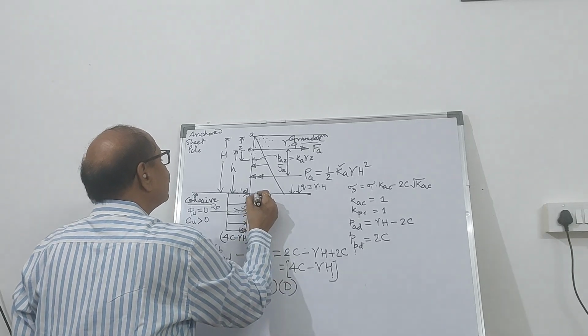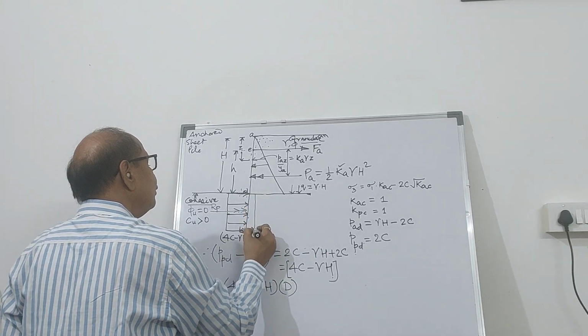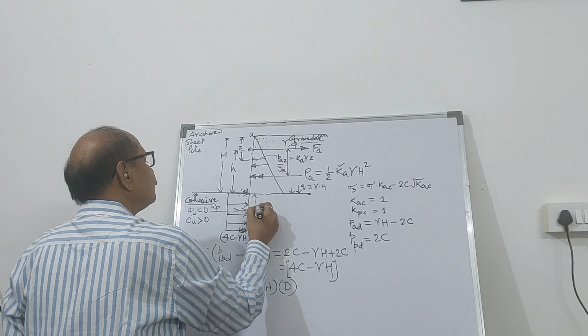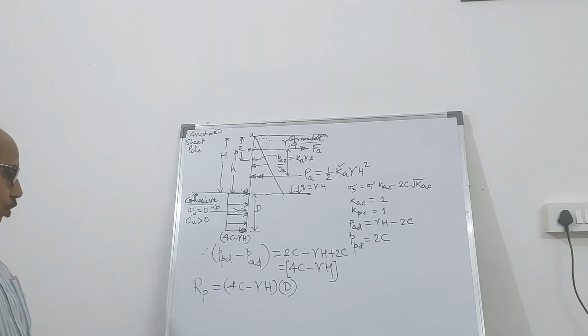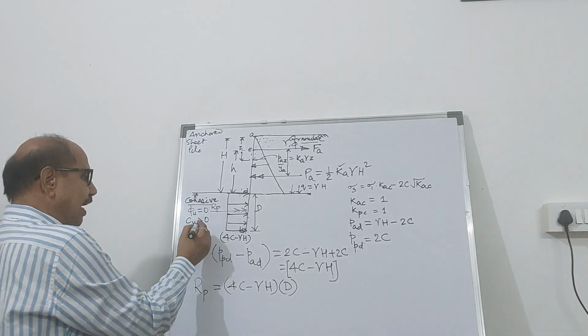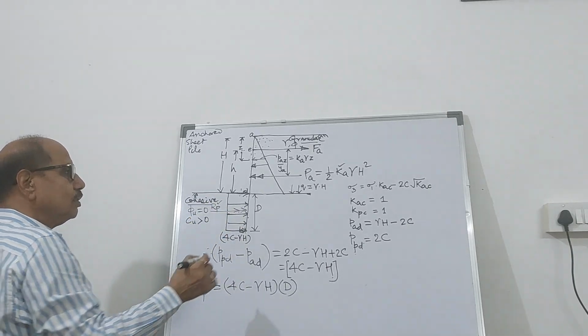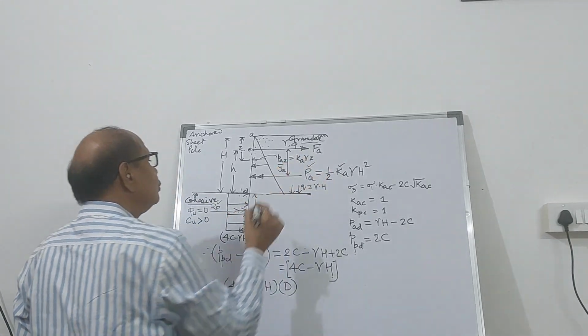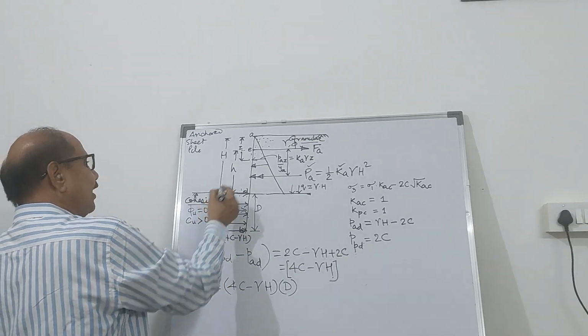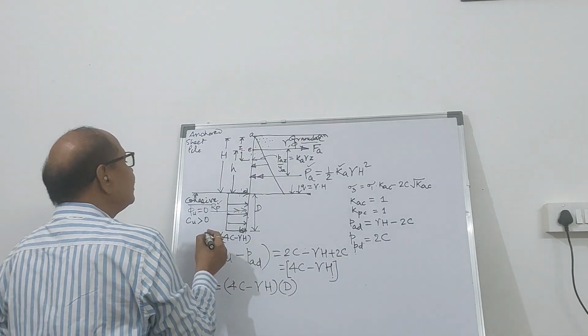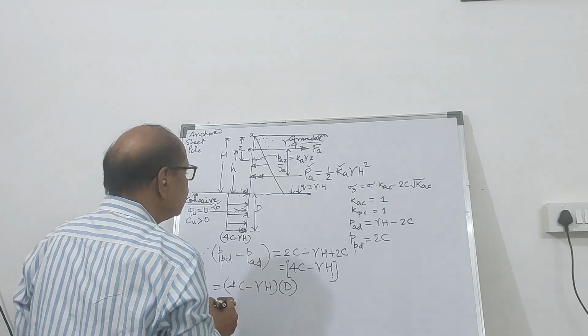D is the depth of embedment below the dredge line. So the magnitude of RP is known to you, the magnitude of PA is known to you, and its location with respect to the anchor rod is known to you.